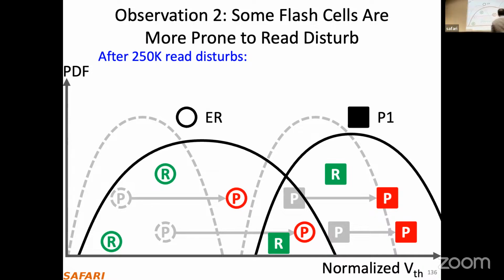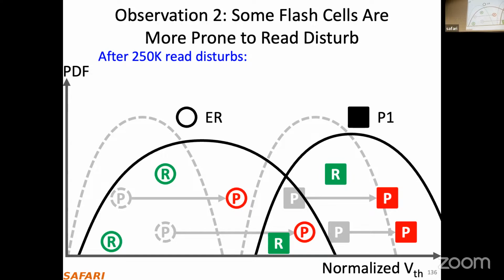So as a result of that, someone may think that those that are resistant are good for us, but actually it's not the case. Both are not good. When you have this issue, what we usually do is predict the optimal reference voltage and try to read your data, right?